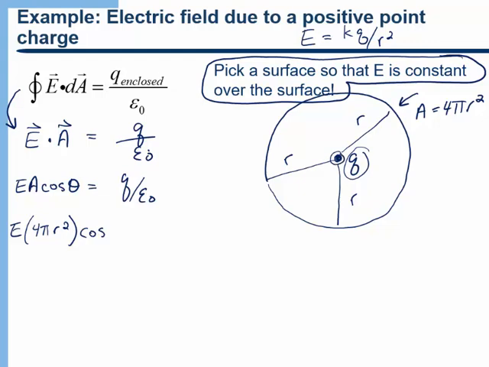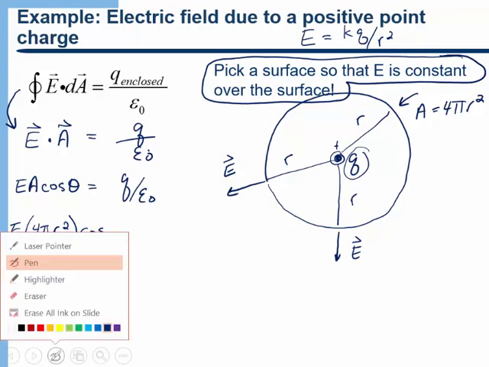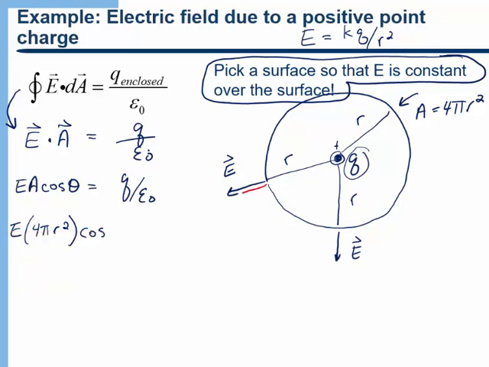Because it's a positive charge here, I know that the electric field goes away, so E is straight out, no matter where I draw it. Notice that the surface area vector of a closed surface is always out, no matter where I am on the surface.